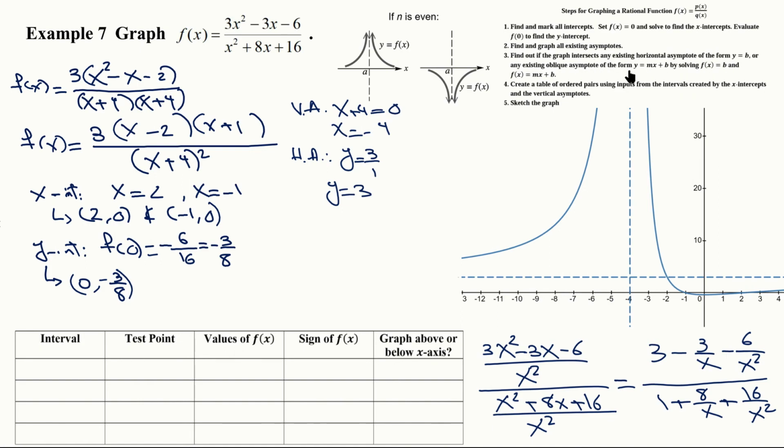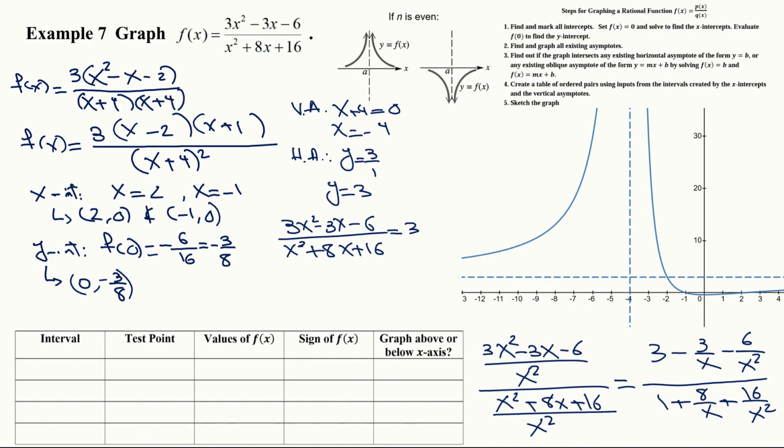Now, if I set the function equal to 3, we'll be able to find the point of intersection if it exists. So we have 3x squared minus 3x minus 6 over x squared plus 8x plus 16 equals 3.